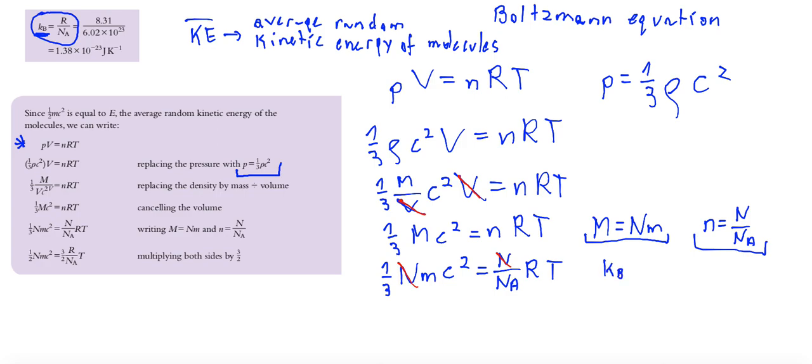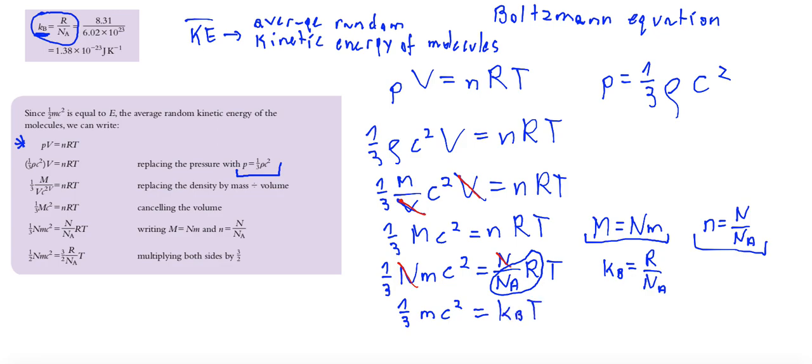Substitute that the Boltzmann constant is R over NA, obtaining at almost the end 1/3 m c squared is equal to R over NA, which is k with index B, times T.